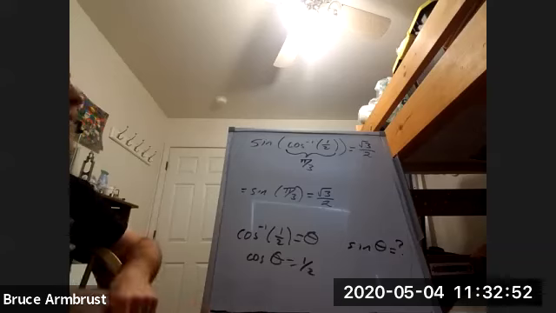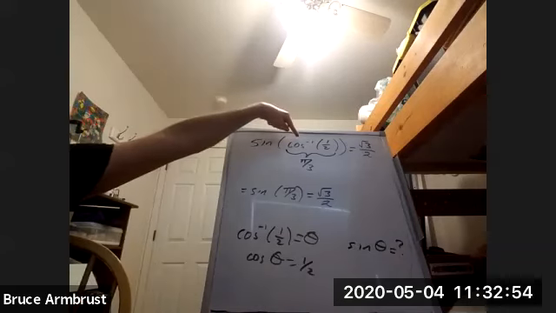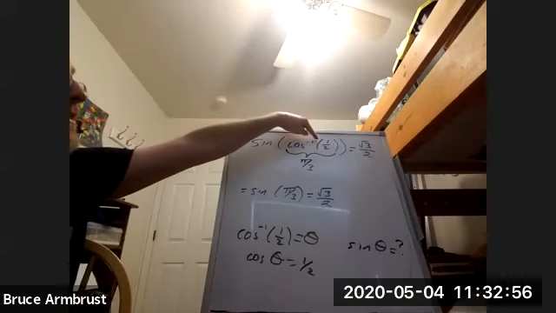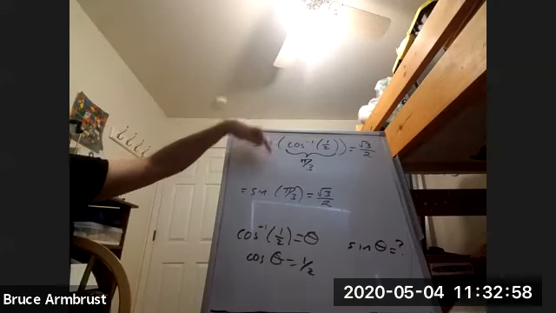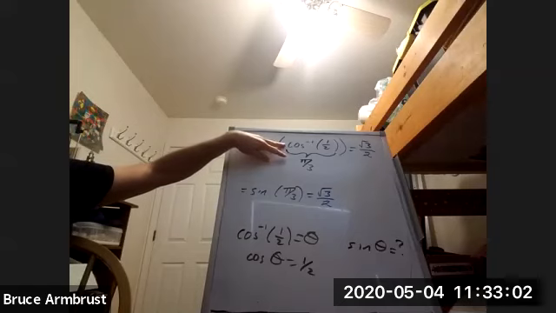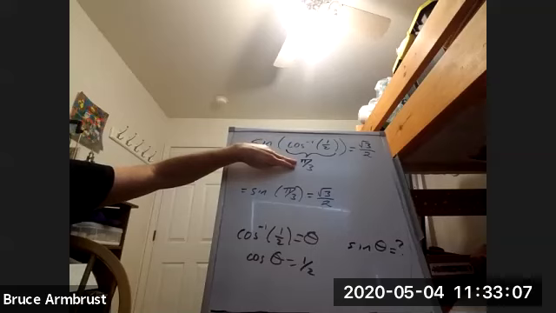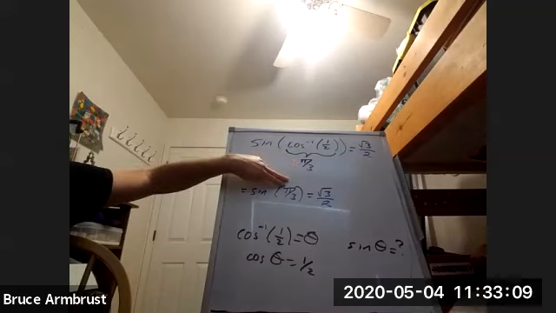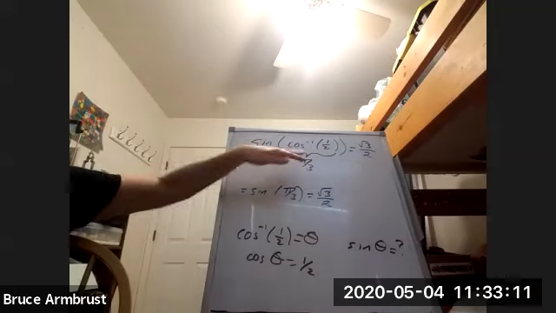So that's really what's going on when we're doing this composition. This first one just says, find me this angle. And then once you've got that angle, put it into sine and see what happens. And that's what we did here. We figured out that cosine inverse of 1/2 gives us pi over 3. We then took pi over 3 and put that into sine, and we got our number.